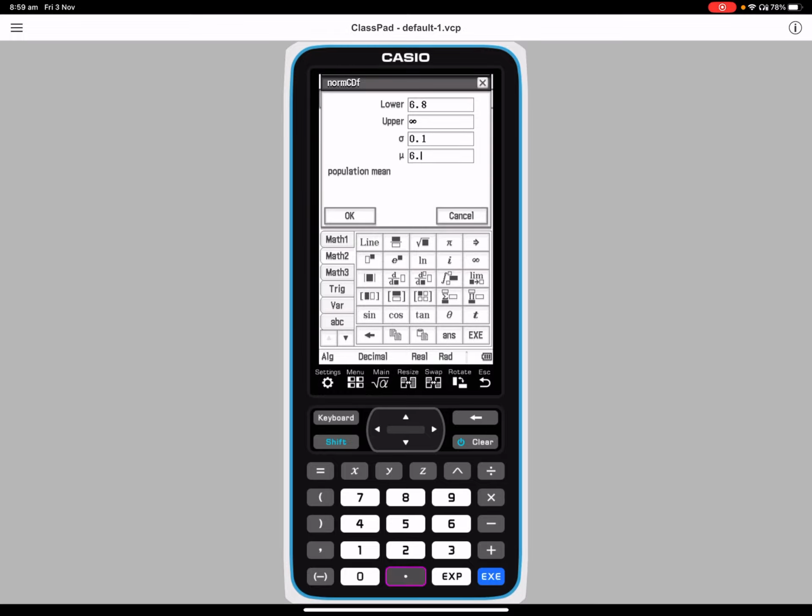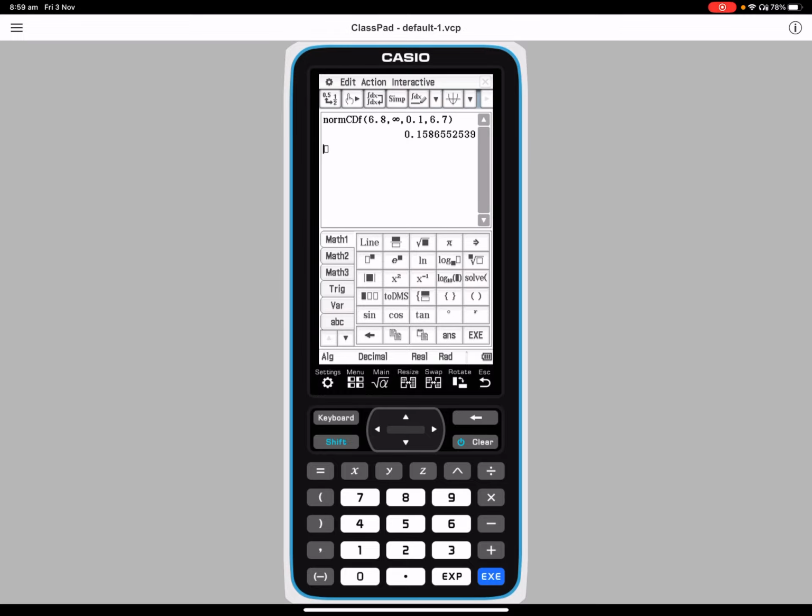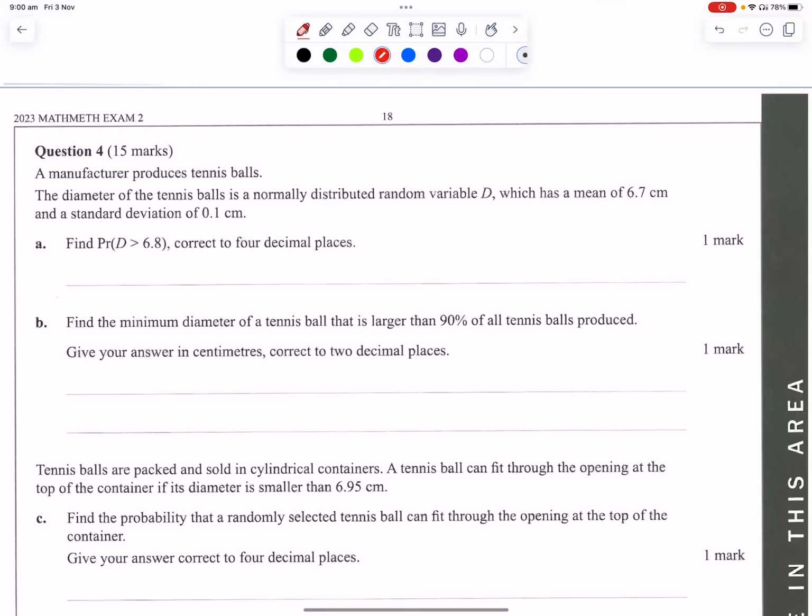And that was 6.7, the mean, 0.1586. To 4 decimal places, it was 0.1587 then. 0.1587, I think.